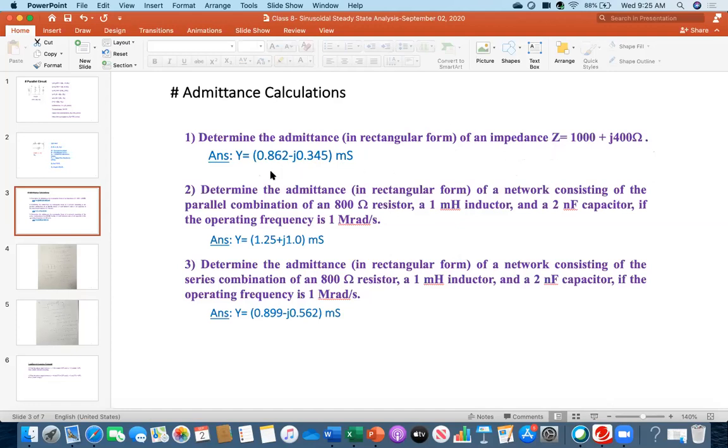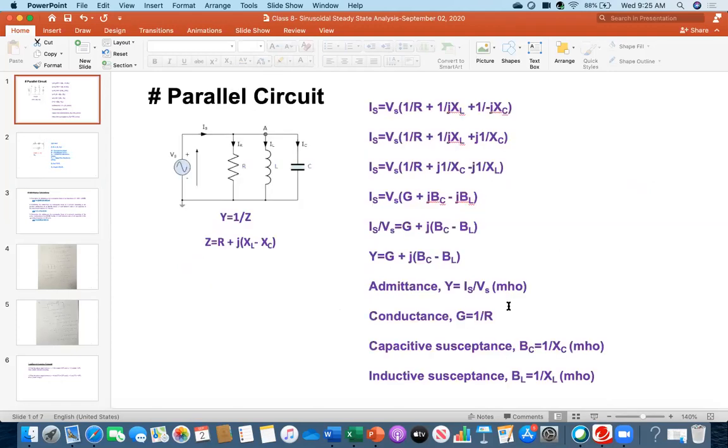So I am expecting the admittance, given that this is the impedance. I have written down the answer for you. Here you see, this is not millisecond, this is millisiemens. You all know that the admittance unit is mho, conductance is in mho, everything is in mho. It is also called the Siemens, the Siemens company, the same spelling.